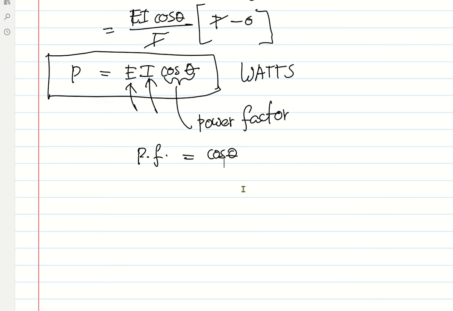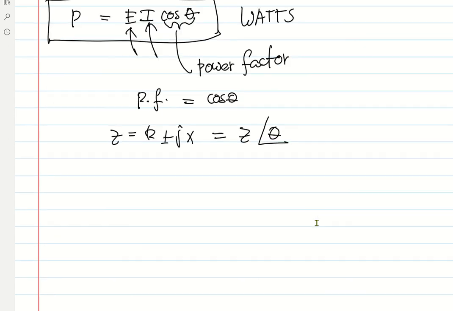If you remember the impedance, Z is equal to R plus or minus jX. So the angle here, you can write this as Z angle theta also. Another formula for the power factor: if you draw the impedance triangle, this is R, this is Z, and this is X, and this is that theta.